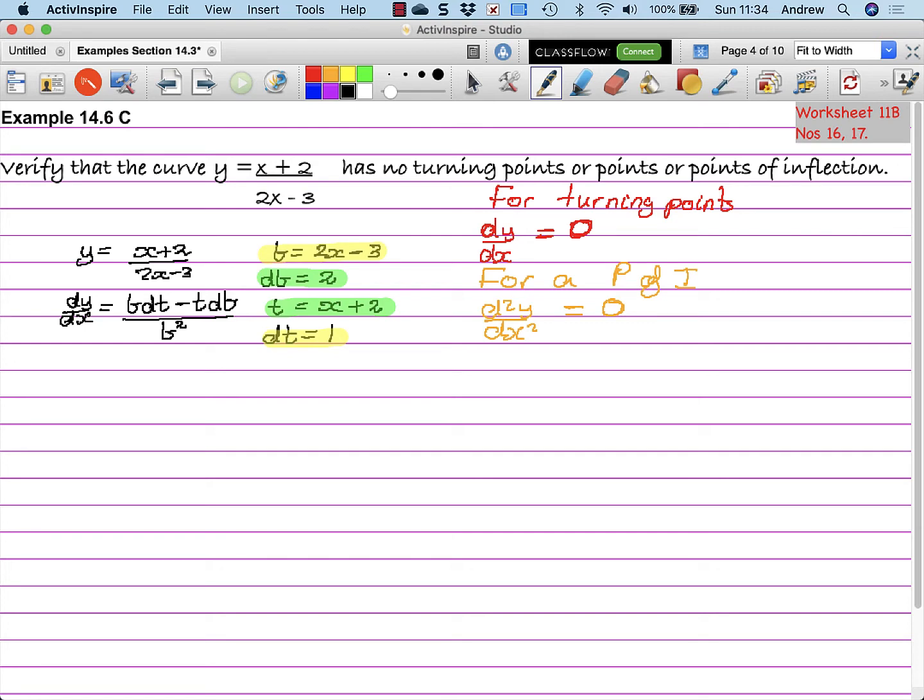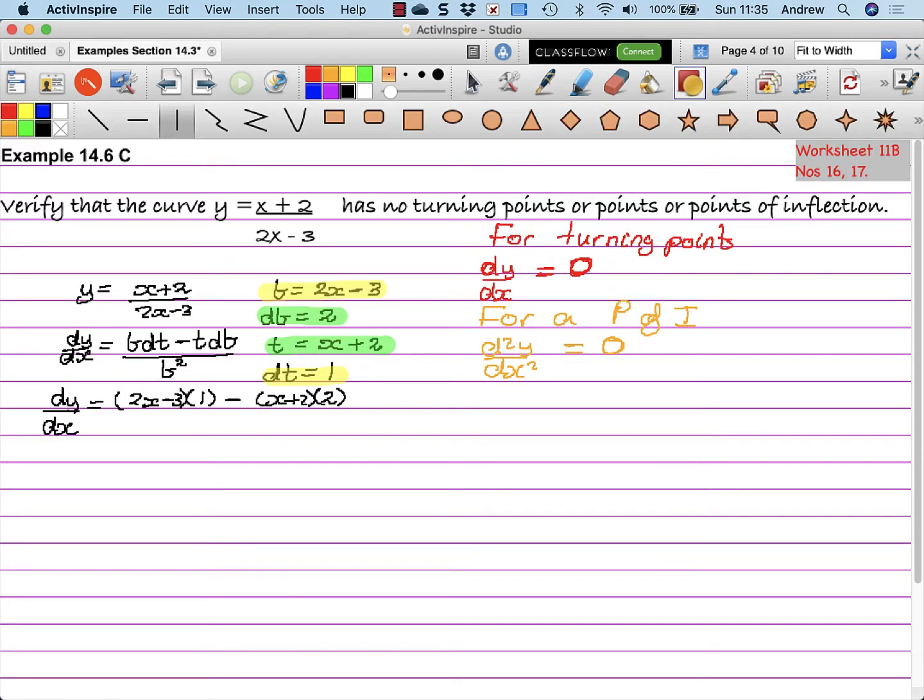So let's sub everything in now. We have dy dx is equal to, well, the bottom is going to be 2x minus 3, times the differential of the top, which is 1, minus the top, which is x plus 2, times the differential of the bottom, which is 2.